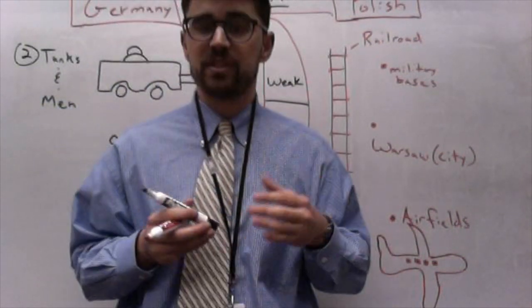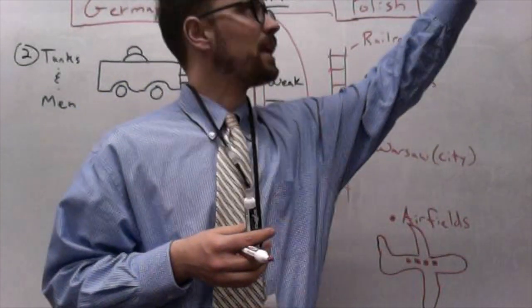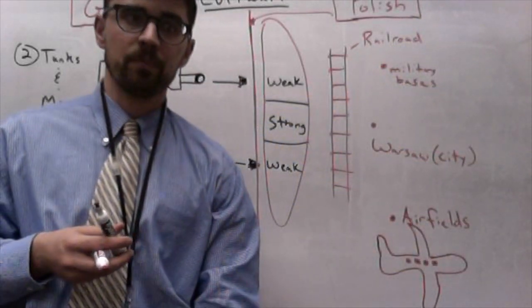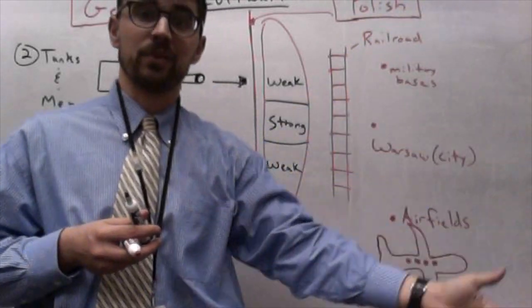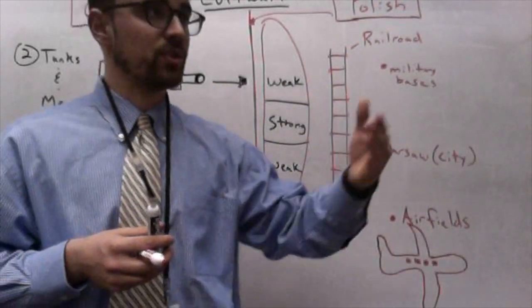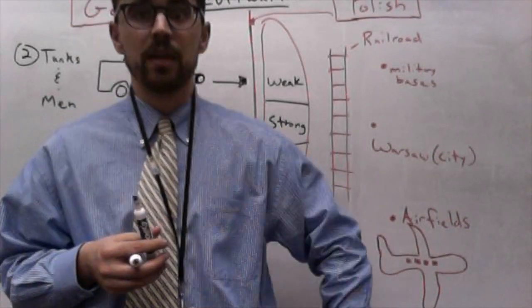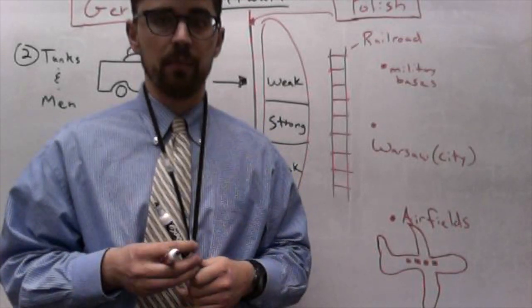They were in defensive structures in cities that formed a line from the northern part of Poland all the way down to the southern part. Because if one part of the country's borders was not protected, then the Germans could simply waltz into that unprotected territory and freely roam throughout Poland.